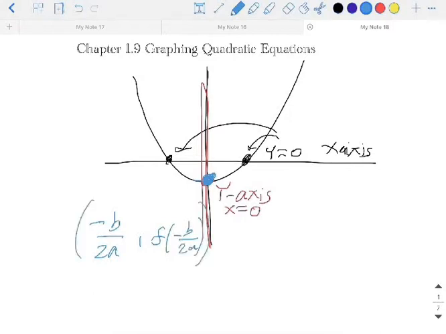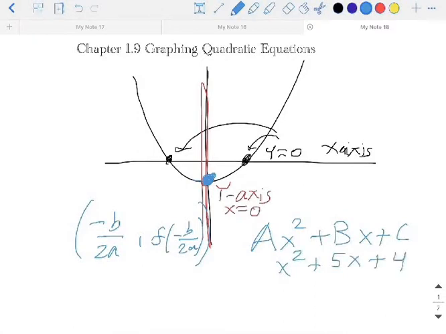This is an ordered pair point which can be found from the standard form of the parabola, ax squared plus bx plus c. An example that resembles this, or can resemble any parabola, is x squared plus 5x plus 4. The 1 is a, the b is 5, and the c is 4.